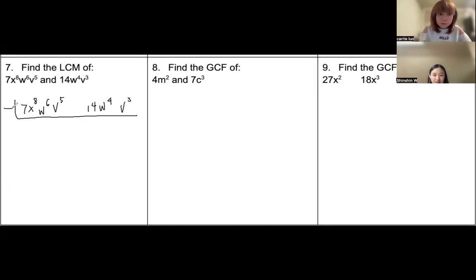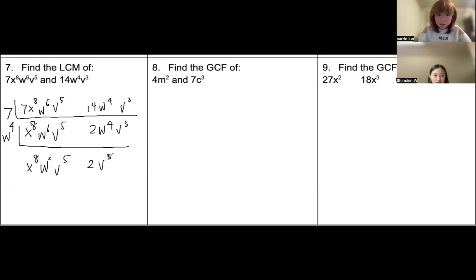So here 7 is a common factor. You divide by 7: x8, w6, v5, and 2, w4, v3. What is a common factor for them? W4. So x8, w2, v5, and 2, v3.